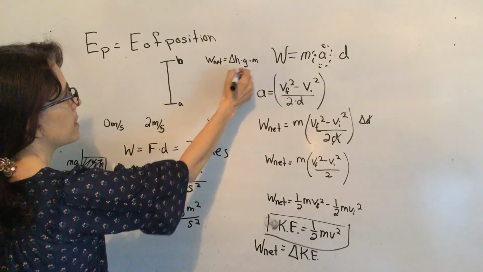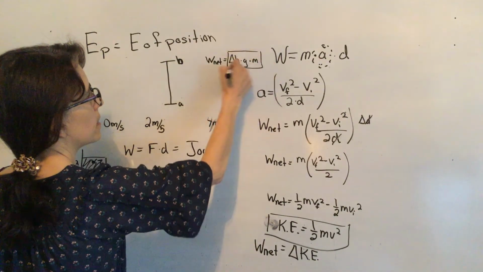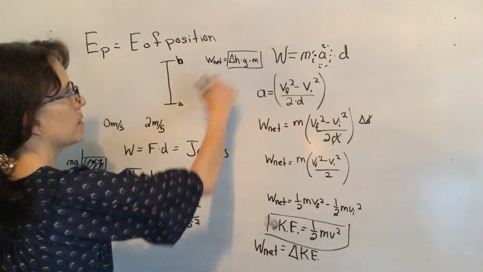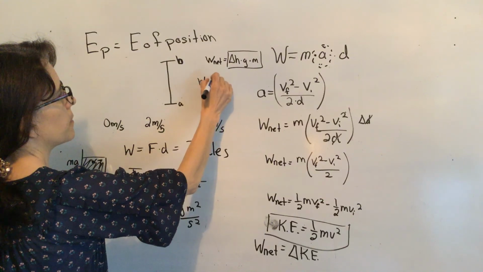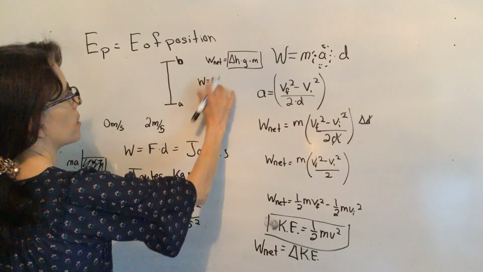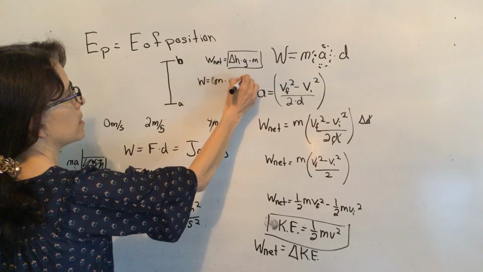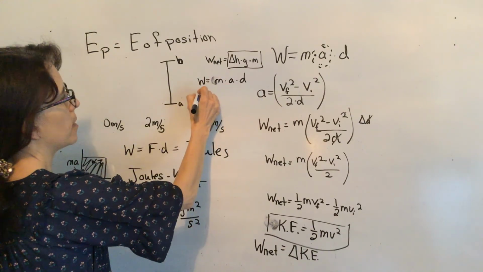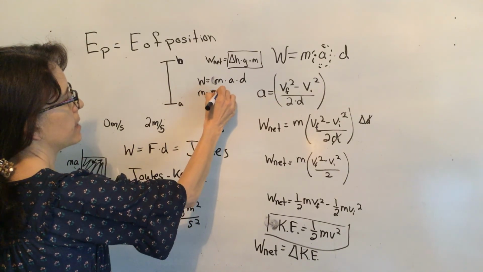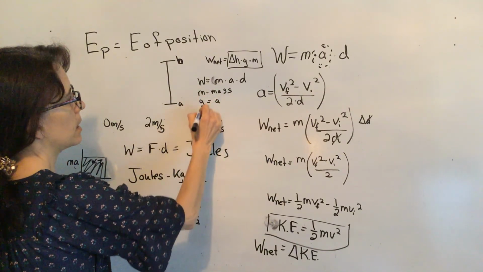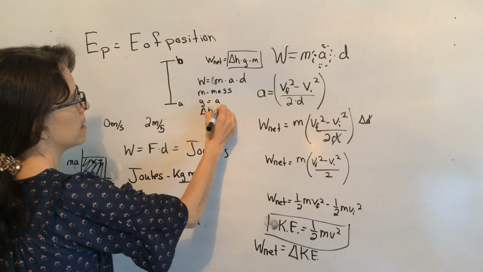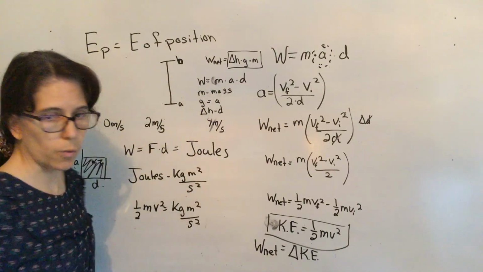All right, so this is where we're going to get our expression of potential energy. If work is simply force, or sorry, mass times acceleration times distance, well then our mass is mass, that hasn't changed. Our gravity is our acceleration, and our change in height is our distance for the work formula.